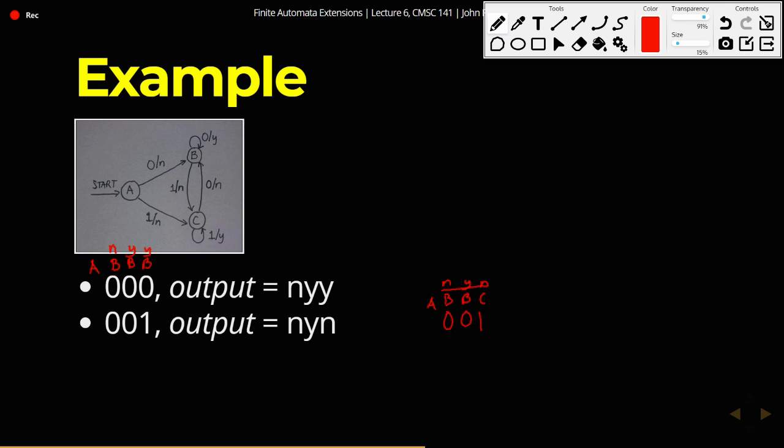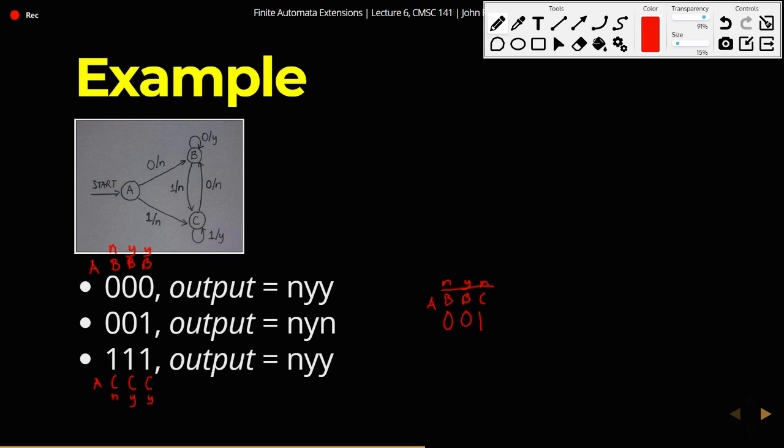Okay, right here. And then finally, for 1, 1, 1, we start at A. A on 1 will go to C, and the output is N. Okay, right here. And then C on 1 will stay in C, but the output is Y. And then C on 1 again will remain in C, and output is Y. So the output is NYY for 111.